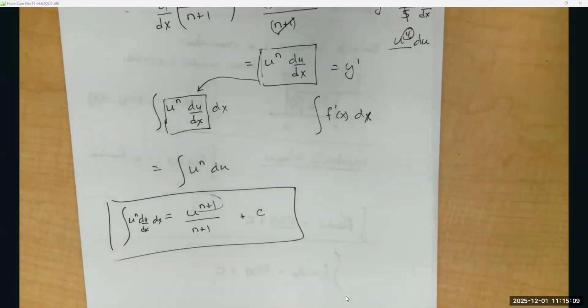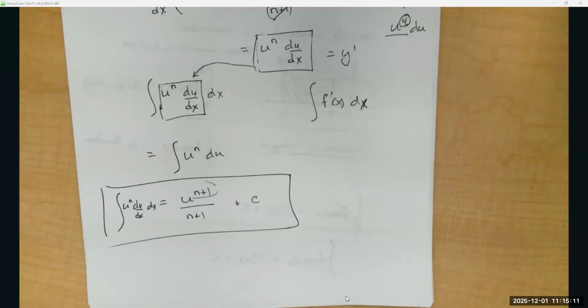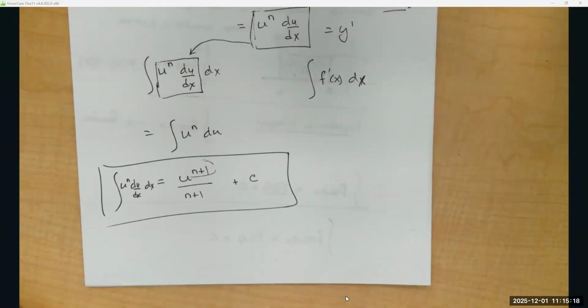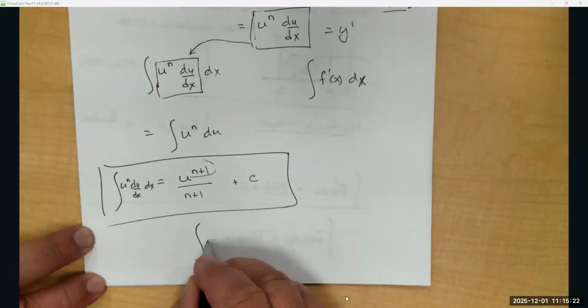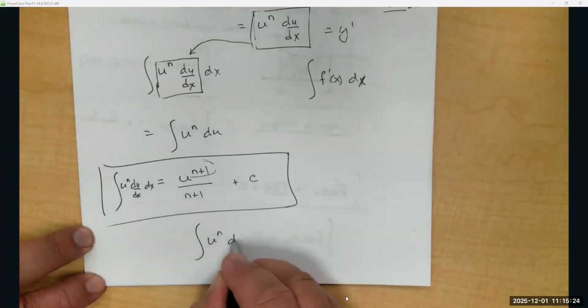Why is that important? Now we have a formula that we can start taking the integrals of things with. So here's our formula we'll be using for the rest of the day.